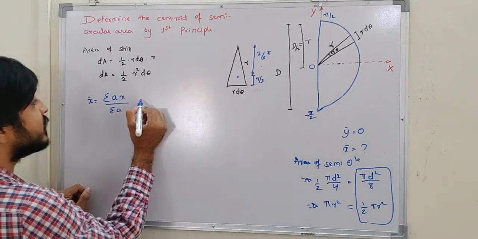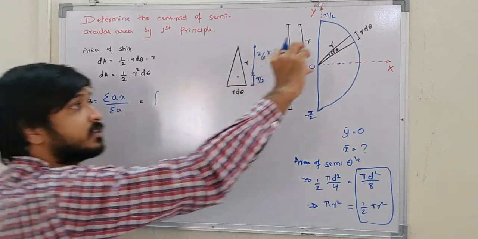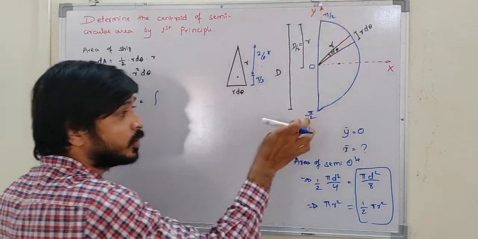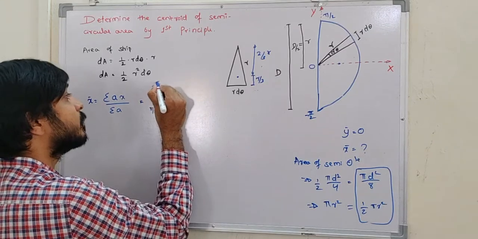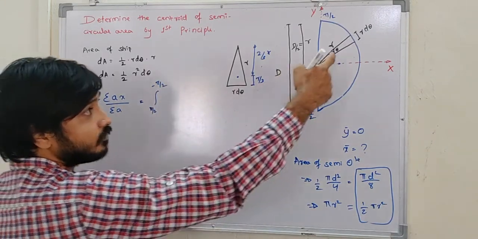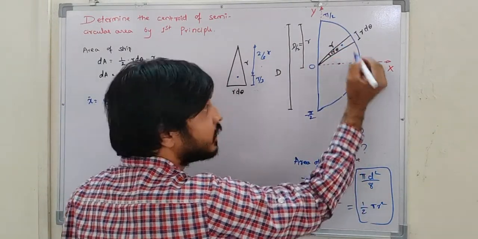So moment of area means I can write it as integration. Again, as this strip is moving from here to here, the whole distance, I'll write the same limit pi by 2 to minus pi by 2. Correct? So this is dA. Where will the CG reside? CG will reside somewhere here, in this diagram.